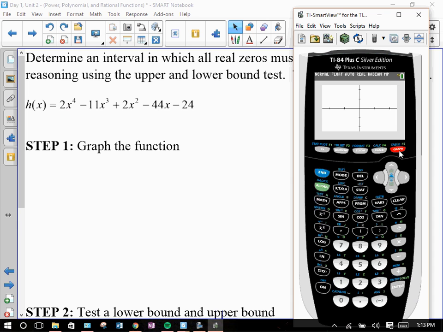And I'm going to regraph this. You guys all have your graph?